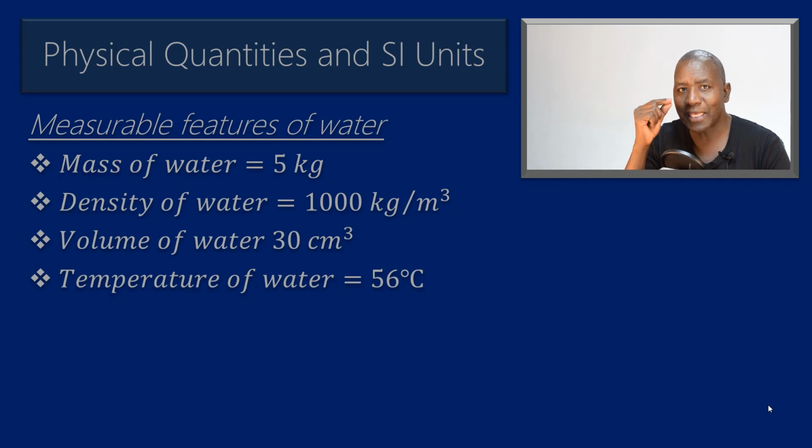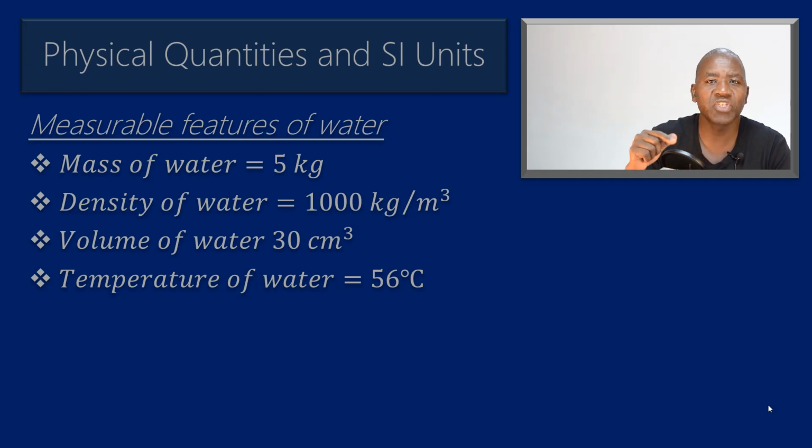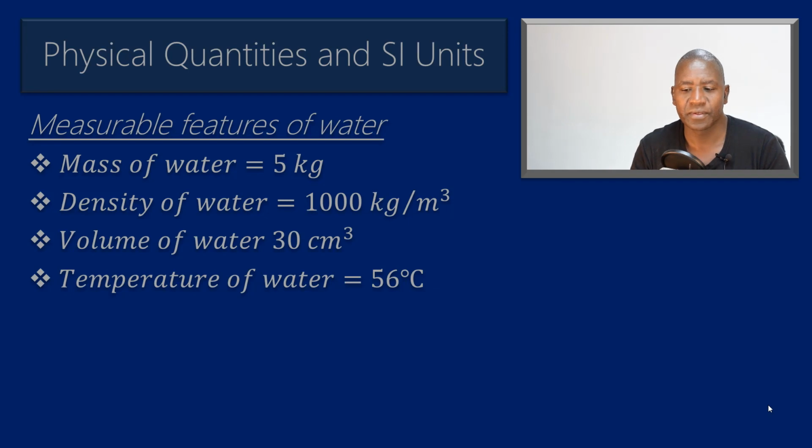In other words, a given item can have more than one measurable feature or it can have more than one physical quantity. These examples illustrate the fact that physical quantity is the term which is used to describe measurable features of an item. And therefore, mass, density, volume, temperature are all physical quantities.